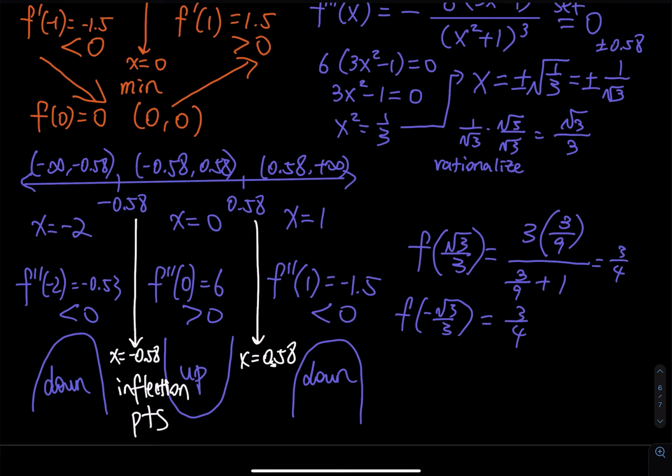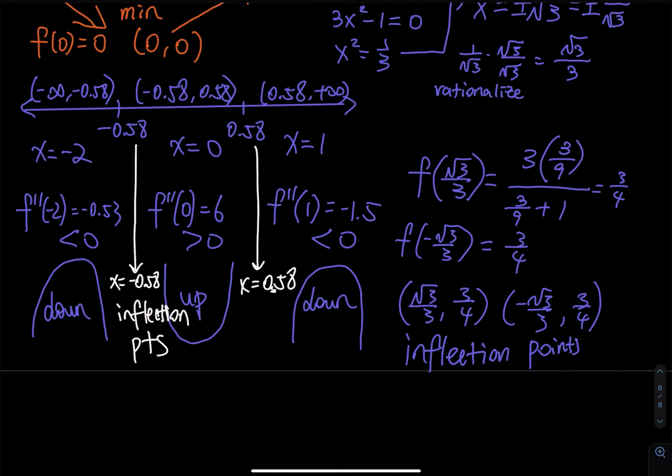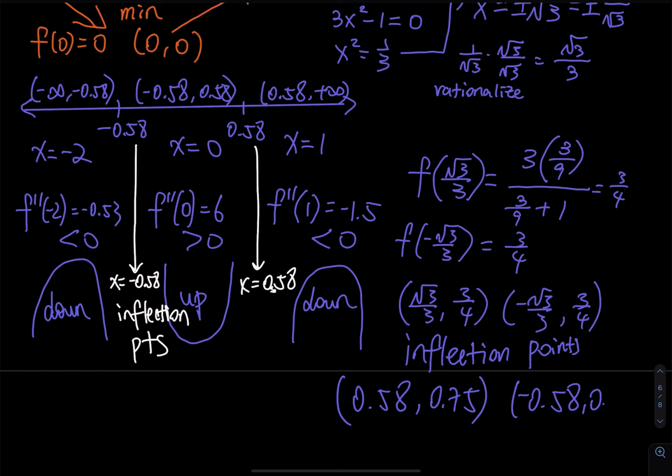Okay, so this is my inflection point. So we have root 3 over 3, comma 3 over 4, and then negative root 3 over 3, and then 3 over 4, they are my inflection points. To be exact, so we have 0.58 comma 0.75 and then negative 0.58 comma 0.75.